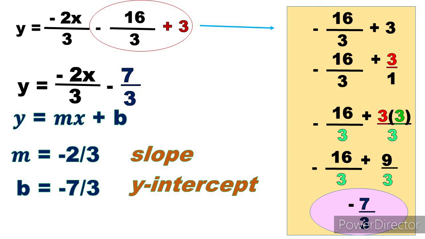Then we have the slope-intercept form y equals negative 2x over 3 minus 7 over 3, which is in the form y equals mx plus b. Our slope m is negative 2 over 3 and our y-intercept is negative 7 over 3.